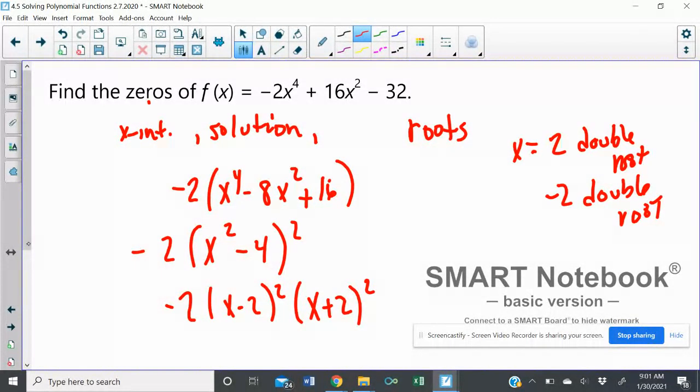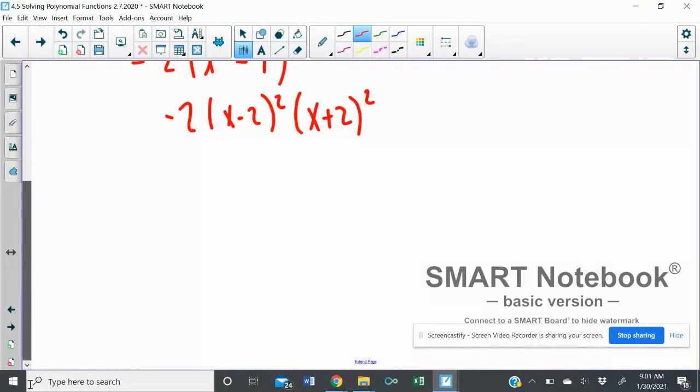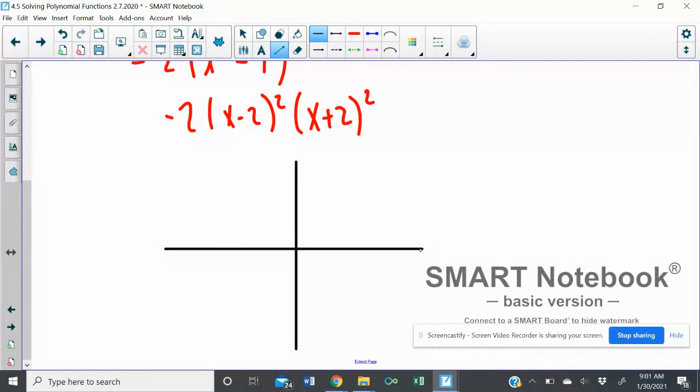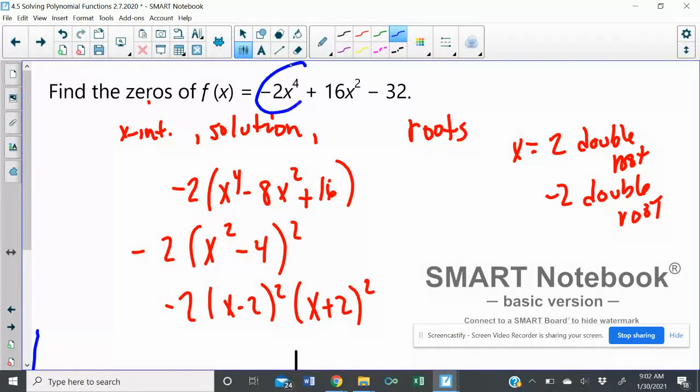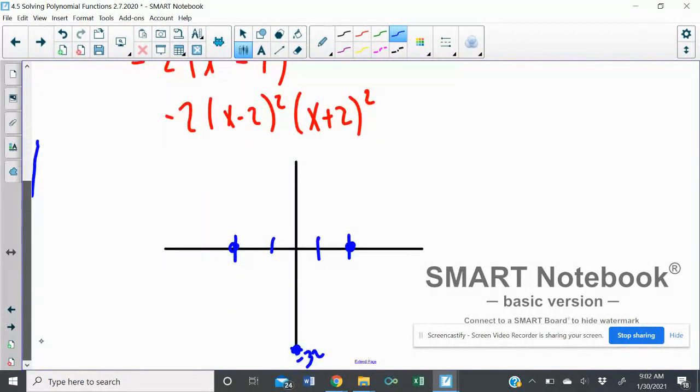Now if we take a look at that graph, here's our 2, here's our -2. My y-intercept down here at like -32, right? And again, go back to our top here. We have a negative even.